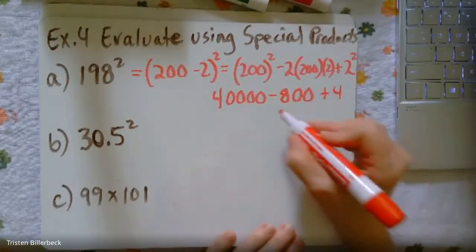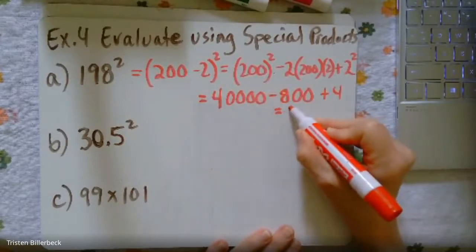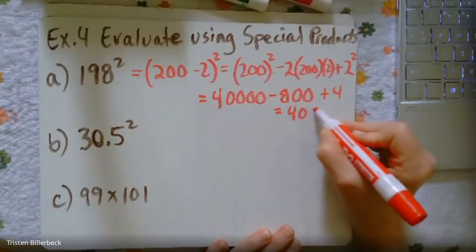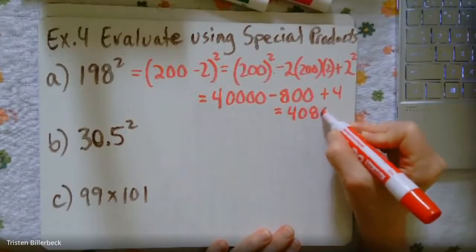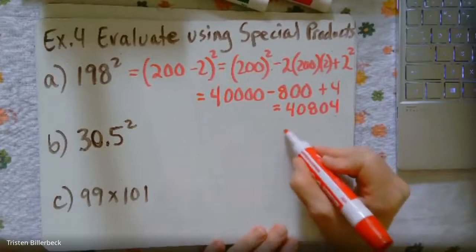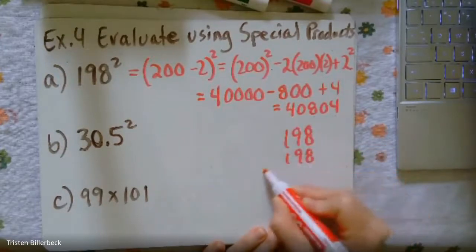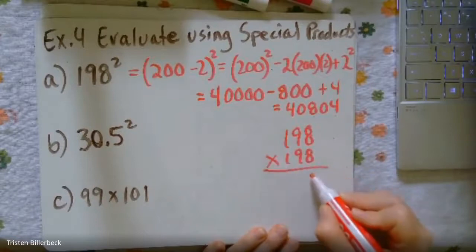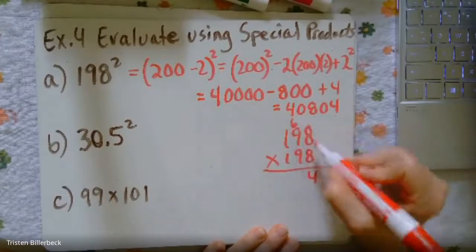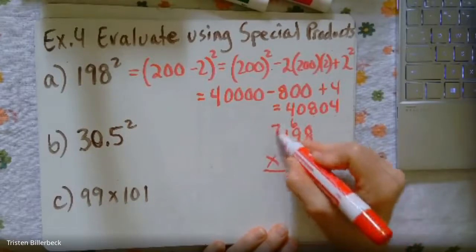So if we add this all together, this is going to equal 40,804. Okay, let's just do a quick check to see if that worked. So 198 times 198, not very pleasant. So we have 64, that's 72, 78.